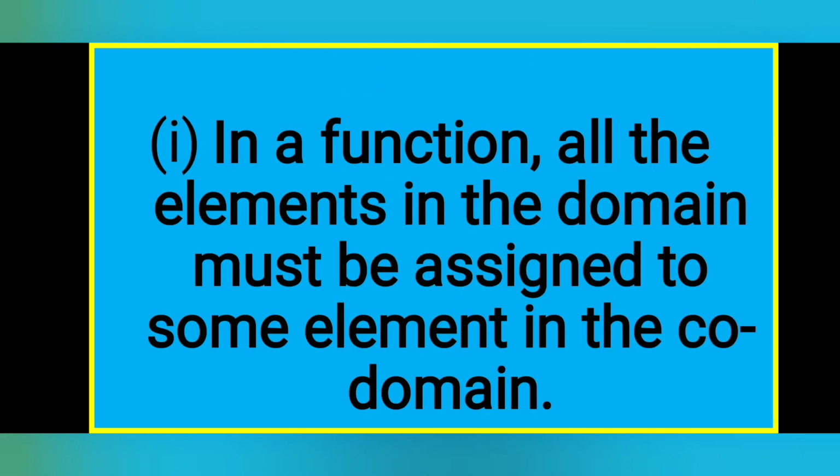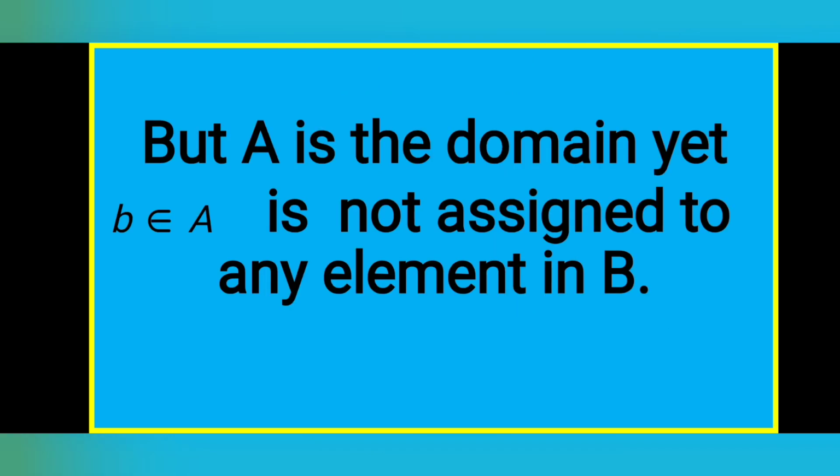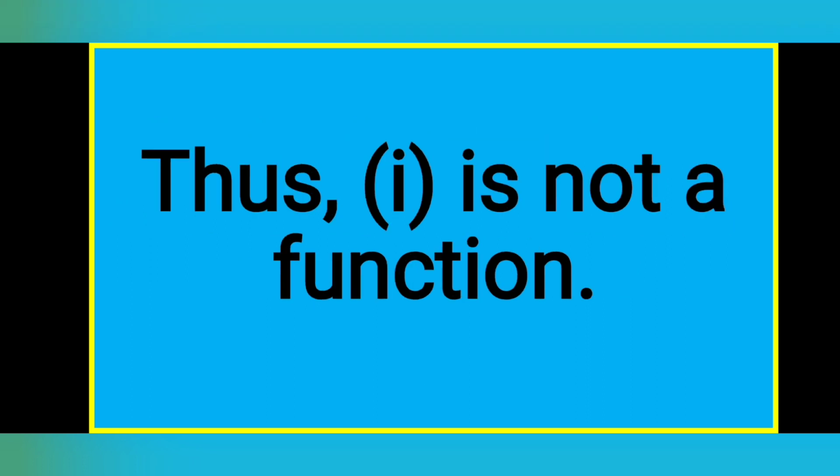In a function, all the elements in the domain must be assigned to some element in the codomain. We can see from the diagram that set A, which is the domain, has one element in it, which is b, that is not assigned to any element in set B. So we conclude that the diagram in I does not define a function.